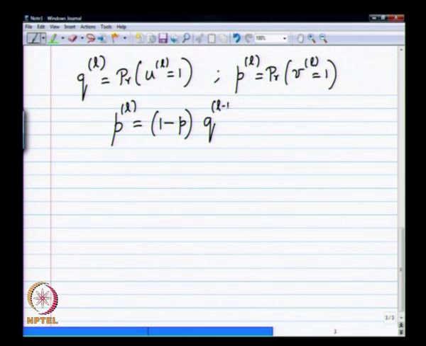QL minus 1 raised to the power WC minus 1 plus P times 1 minus QL minus 1 raised to the power WC minus 1.